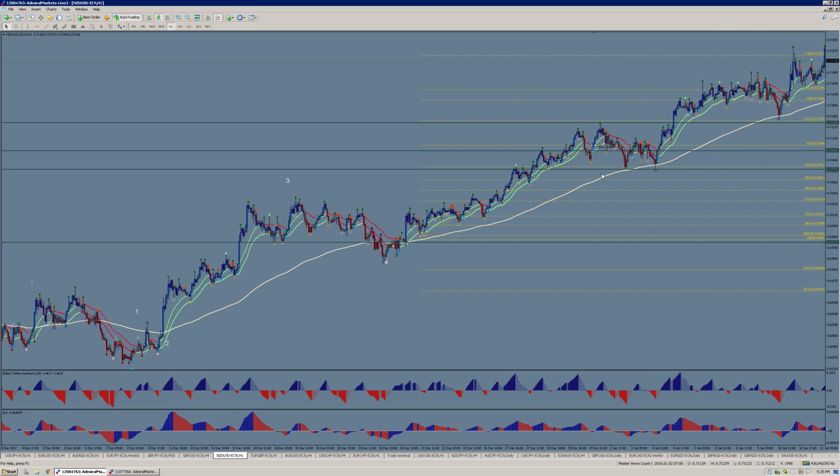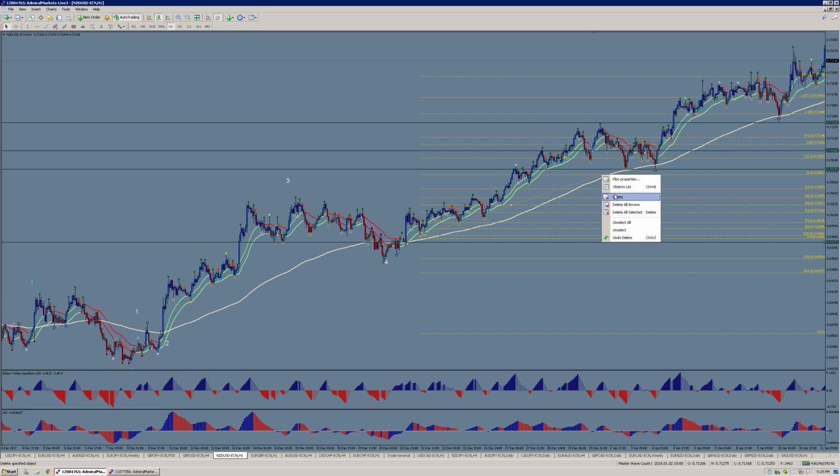Like, for example, here, in fact, I can just get rid of these fibs. Here, these lines are part of those daily chart support and resistance levels that I drew in, and sure enough, they were respected. And of course, these 2 points form part of that line, but obviously there were previous points as well. You could see here it's already respected it, and then again twice here.